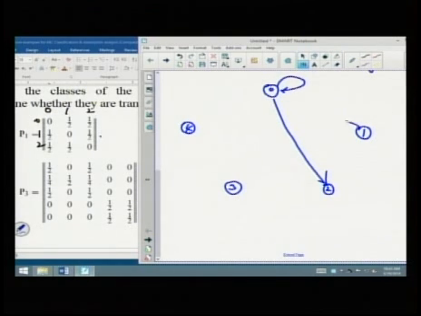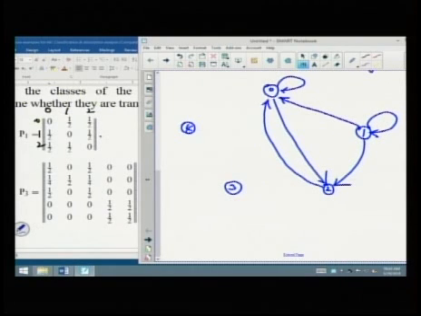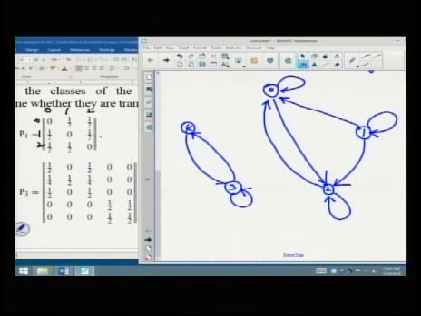And 1 to 0 and 1 to 1 and then 1 to 2, and 2 to 0 and 2 to 2, right? And then it looks like 3 and 4 communicate, right? Okay, so we are done.